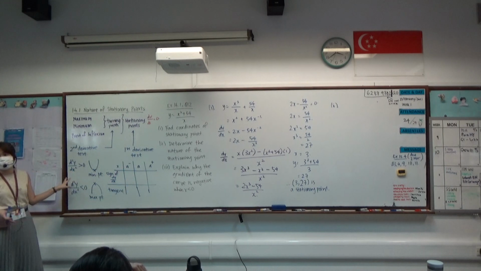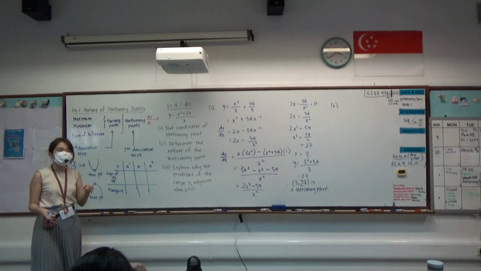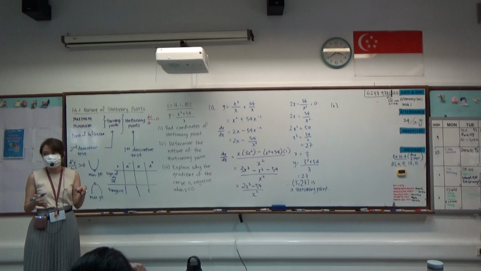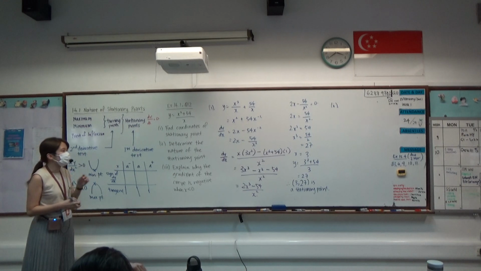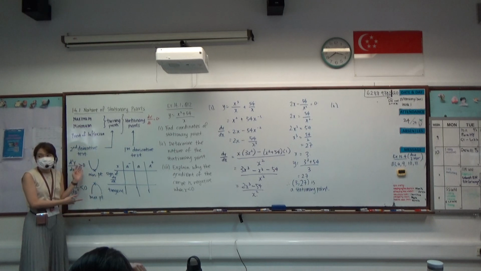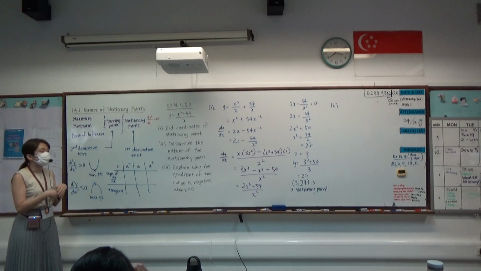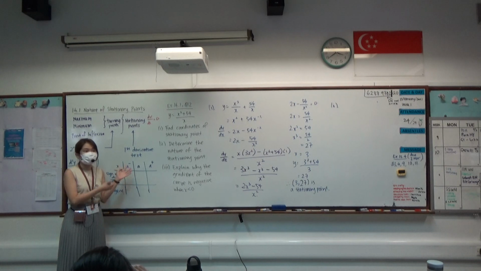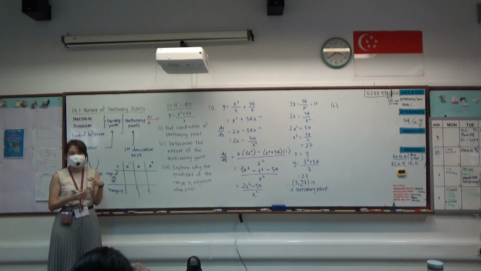But that is on the condition that the question did not specify the method you're expected to use. If the question says using the second derivative test, then you must only use that. If the question says using the first derivative test, then you must only show that. So be careful about what the question demands.